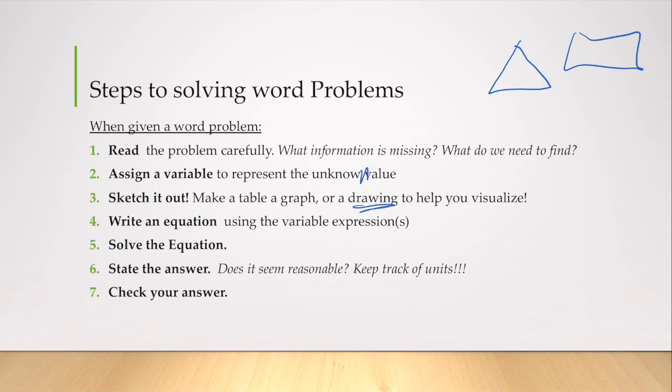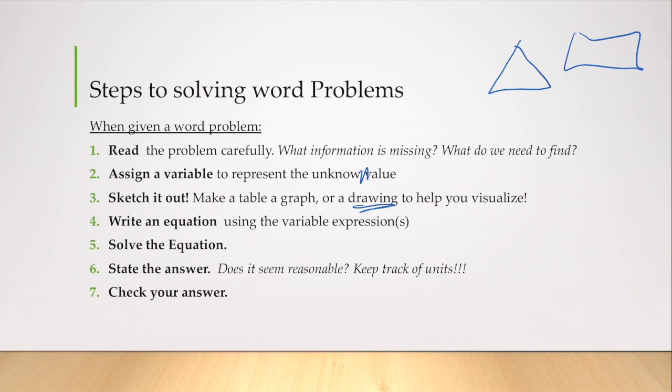Next, you want to write your equation, solve your equation, state your answer. Does it seem reasonable? What do I mean by does it seem reasonable? Well, in mathematics, we're trying to represent real life.